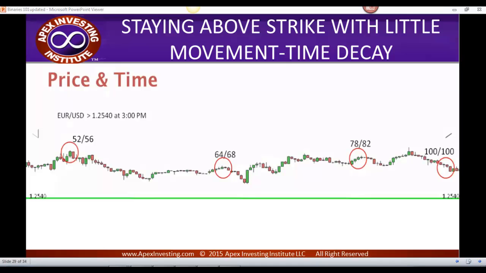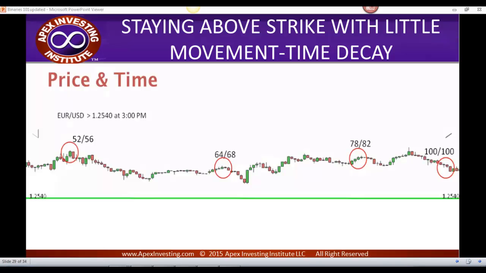Okay. Let's see here. Fees. Fees are 90 cents each side. So if I'm buying a Nadex binary, it's a 90-cent fee. And then when I close that out and sell it, it's a 90-cent fee.